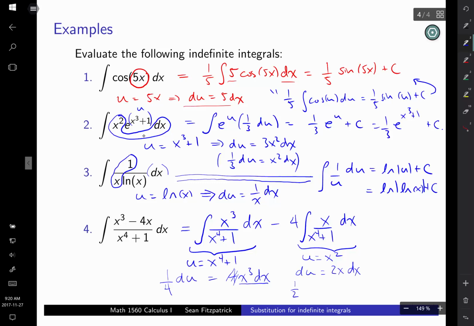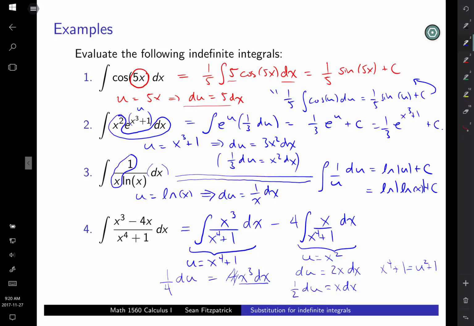So 1/2 du gives me the x dx, and x to the 4 plus 1 becomes u squared plus 1. And what do we do with 1 over u squared plus 1? Well, that's the derivative of arctan u.